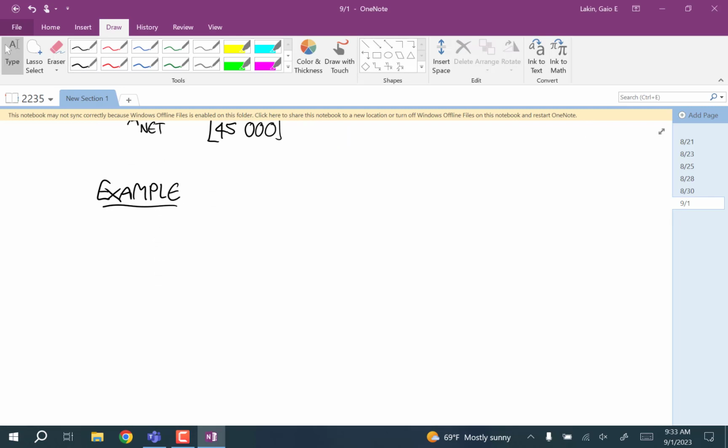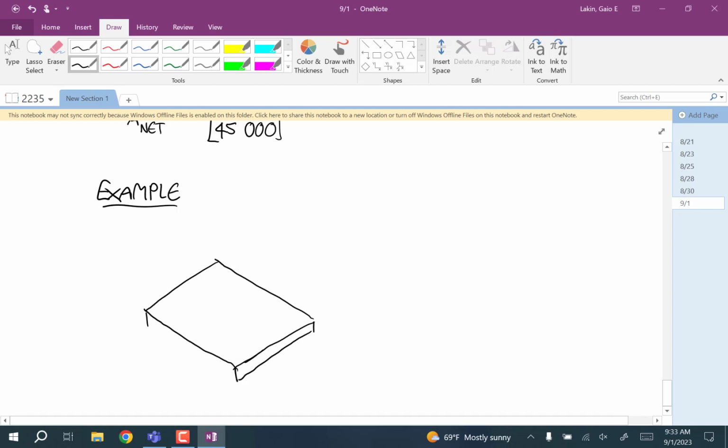Okay, so let's say we have a plate. And there's a cable attached to the center of the plate.